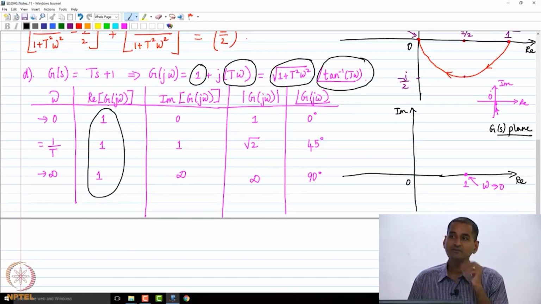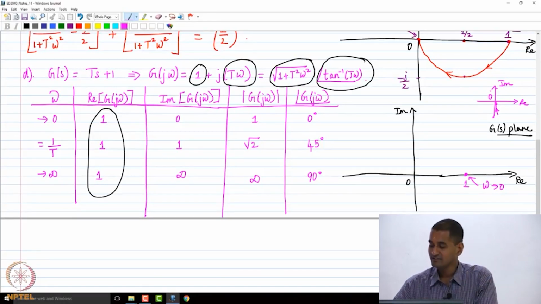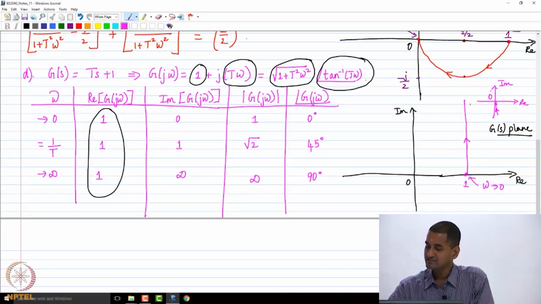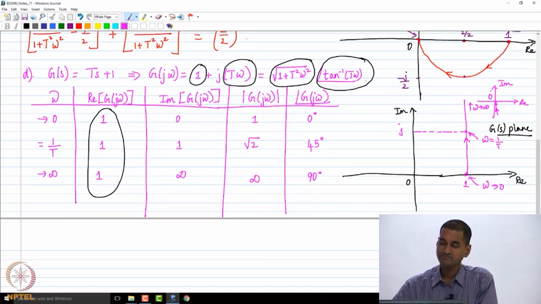And the imaginary part is always non-negative. So what can we immediately say about this curve? This is going to be a vertical line, starting at 1, 0 and then just going up, parallel to the imaginary axis. This is what happens as omega tends to infinity. At omega equals 1 by t, it's going to be 1 plus j.